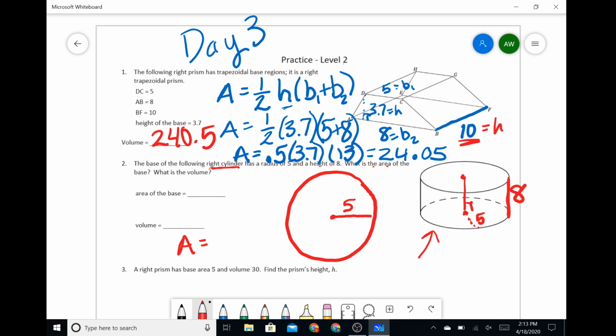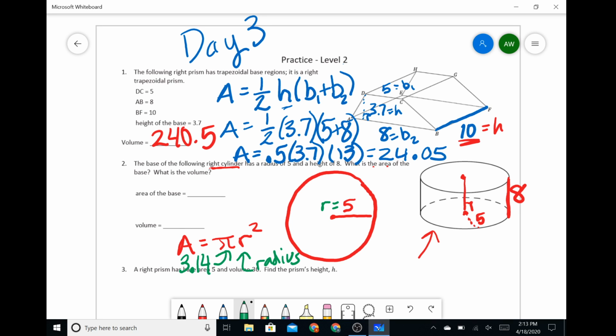Okay, so the area of a circle, hopefully when you were thinking about this, you were remembering some of the things that we did in class. The area of a circle is pi r squared, where r is our radius, which is 5, and pi is the number pi, which is 3.14.